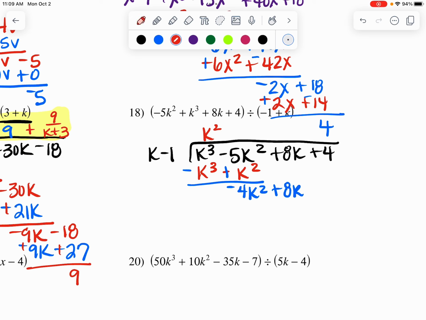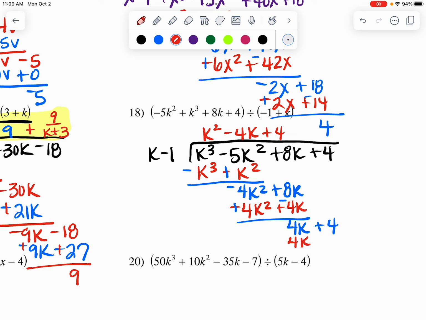So I need a minus 4k, so that I get minus 4k squared plus 4k. Again, subtracting, so I'm going to change those signs. And that's going to end up with a positive 4k, and then bring that 4 down. So I need a 4 here, so that I get 4k.